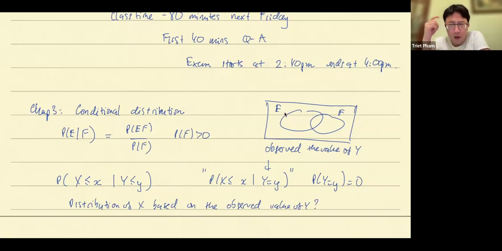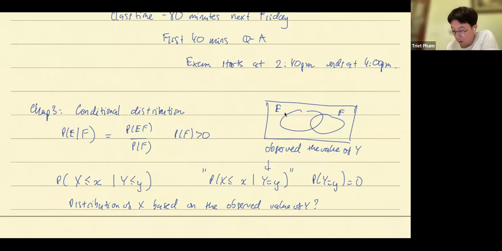So again, it's about information. If you do not observe y, or as you will see, if x and y are independent, then observing y does not affect how you believe. Your belief on the likelihood of x, or the distribution of x, is not affected by the observation of the value of y if they're independent.